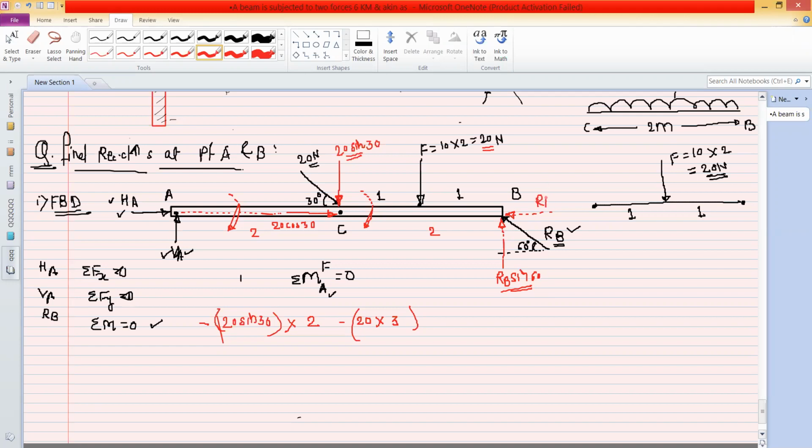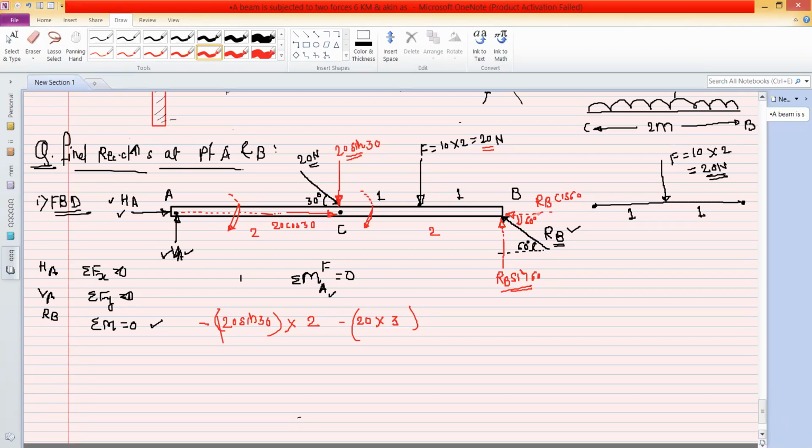The X component is RB cos 60. Even you can take this angle 60 degree and this is also 60 degree, alternate angles. Okay. So right now this is reaction RB. The 60 degree is adjacent, therefore it is RB cos 60, and this will be opposite, therefore it is RB sine 60.